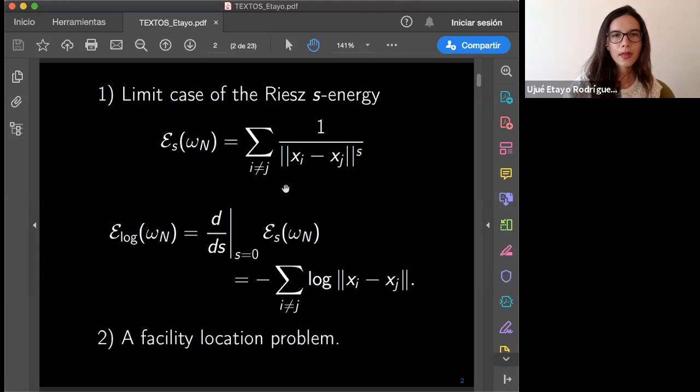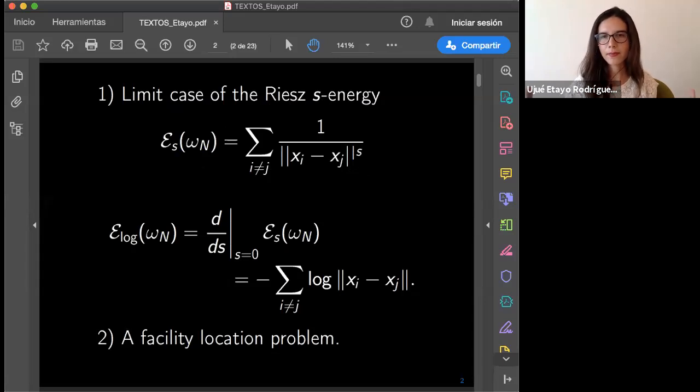You know the Riesz potentials, or Riesz energy, are a family of potentials defined by this expression here. We have a parameter s, and then we define the Riesz energy of omega N, a set of points on the sphere, by the sum of 1 over the distance between every different pair of points, raised to the power s.